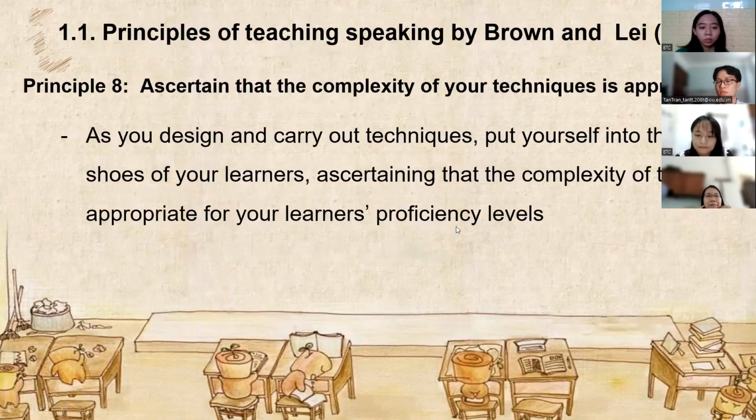So what do they say? Principle number 8 says the teacher needs to ascertain that the complexity of the techniques is appropriate. I guess when you read this one, you may understand it clearly, right? Because as a teacher, we have to deal with different levels of students, from beginner until advanced, or even in one class we have different groups of students with a little bit of difference in level.